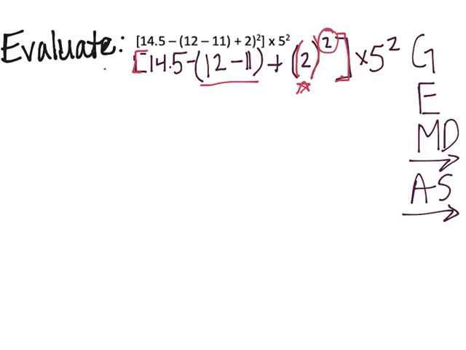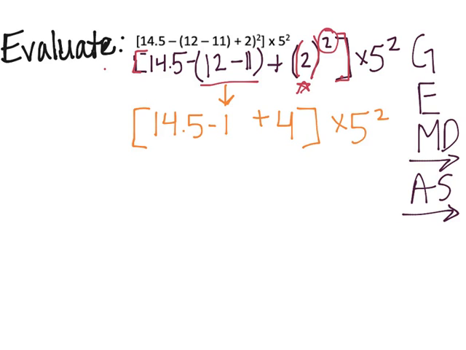So what I'm going to do, I know that 12 minus 11 is 1. And then I know that 2 squared, 2 times 2, is 4. So then I can just rewrite my expression, which is open bracket 14 and 5/10 minus 1, because that is the only thing left within that first parentheses, plus 4 close bracket times 5 squared.